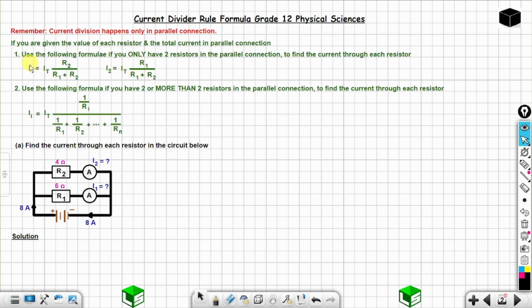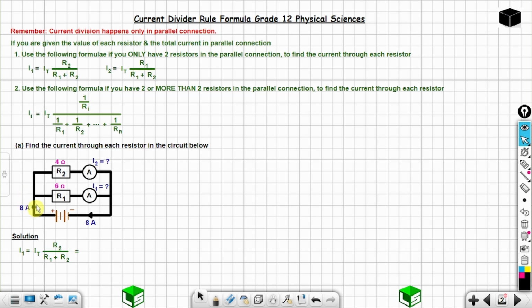To find I1, the current through resistor R1, you are going to use this formula. The total current flowing into the circuit is 8 amperes.